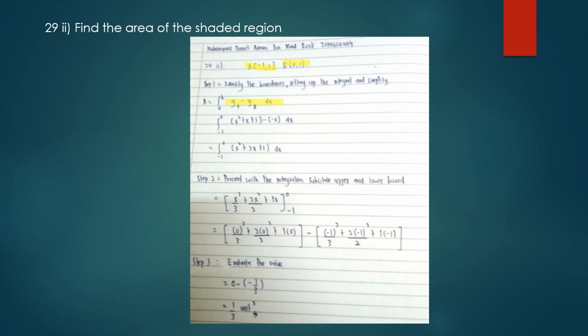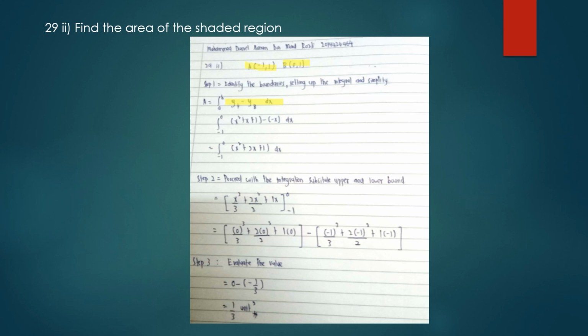And then after we do some calculation, we get x squared plus 2x plus 1 dx. Okay, the second step is we need to proceed with the integration, substitute upper and lower bound. This is the upper bound.